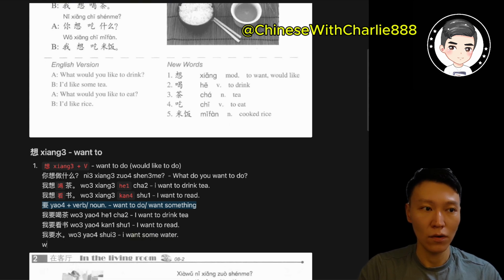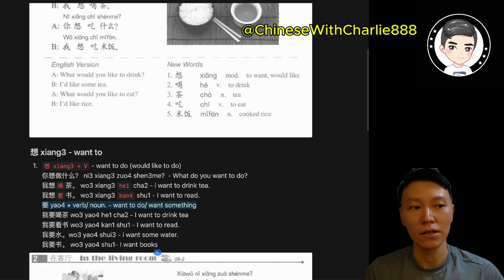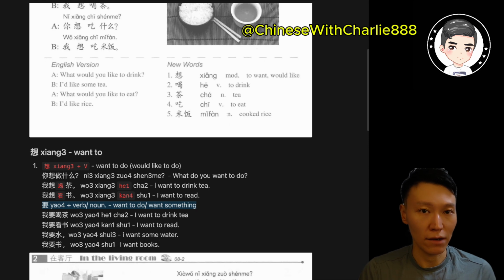Or 我要书, I want some books. Or I just want books, right? So you can put a noun after 要, meaning I want something, but you cannot put a noun after 想, because the meaning would change. So that's the first meaning of 想.